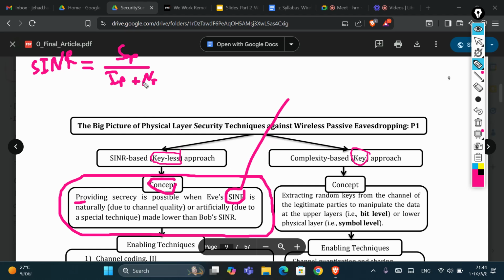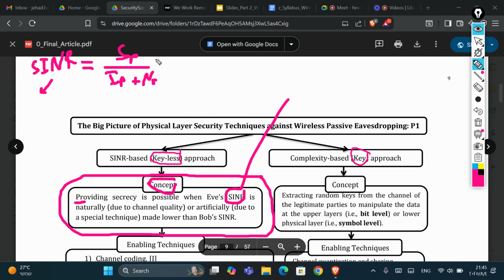So this will affect the signal to interference noise ratio, which is related to the receiver sensitivity. So the higher the value of the signal to interference noise ratio, the better the signal quality will be. And this means that it got lower interference, lower noise, or higher signal power.